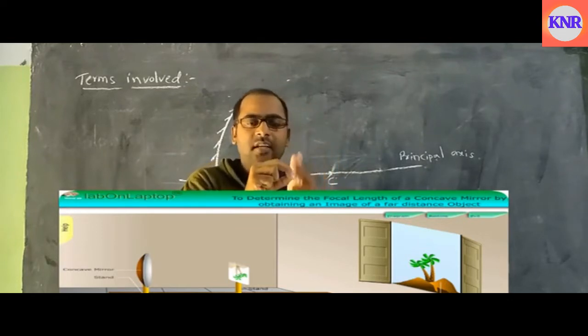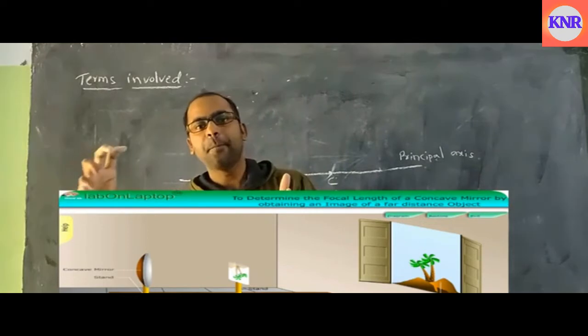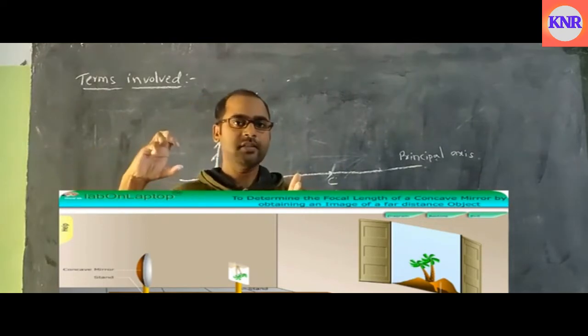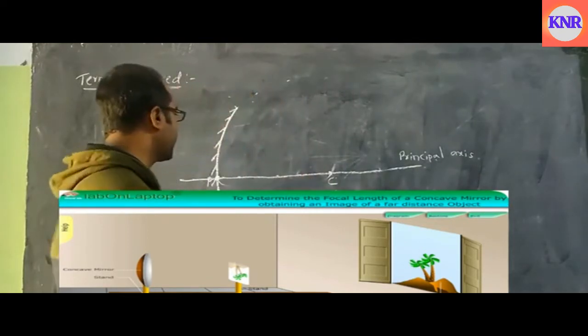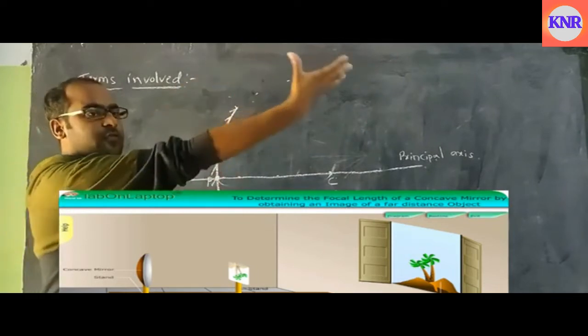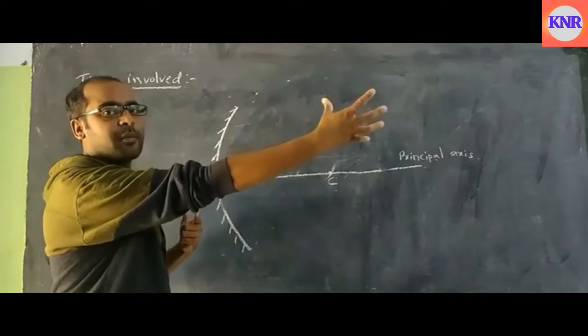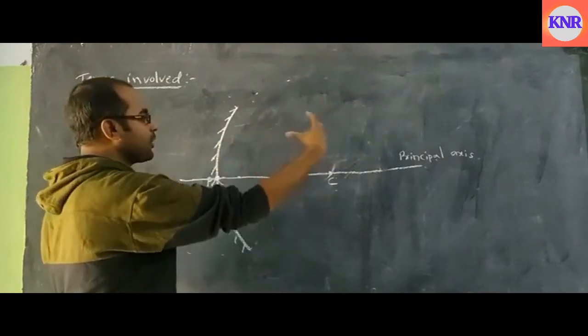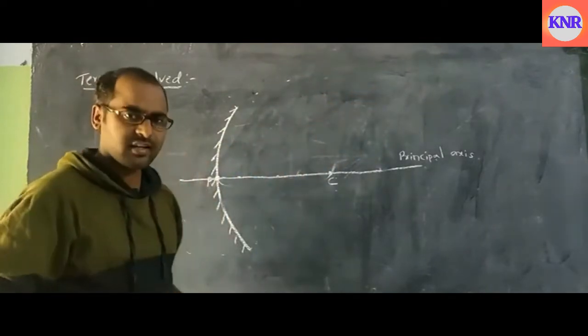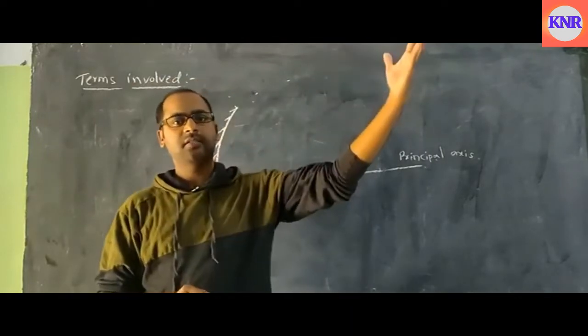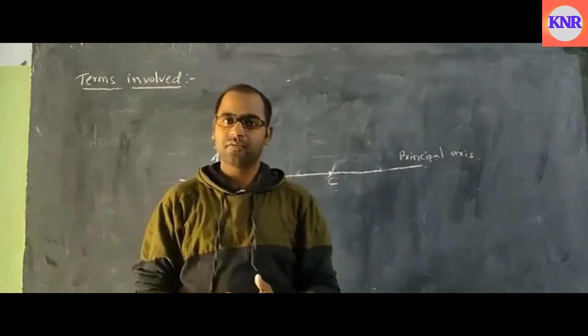That point is called the focus of the concave mirror. Whenever the object is far away from the mirror, all the rays coming from it are parallel to the principal axis, just like sunlight. The sun is far away from us.